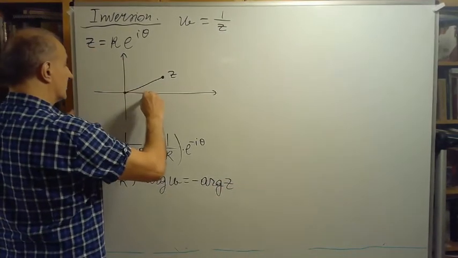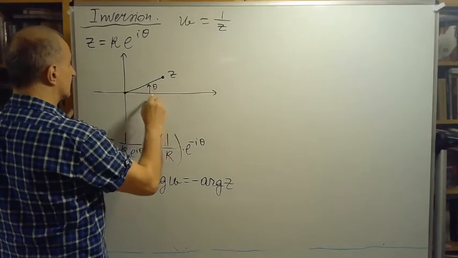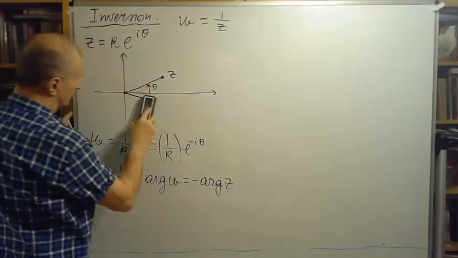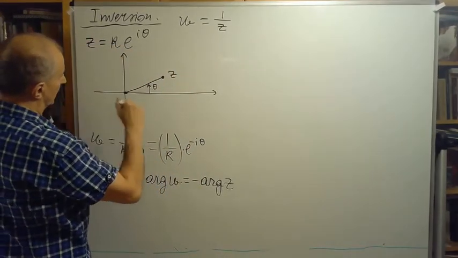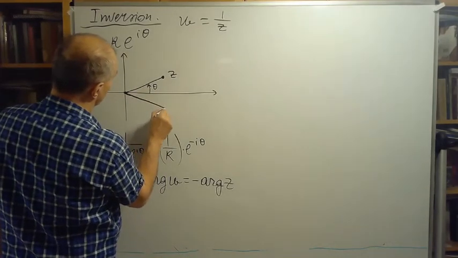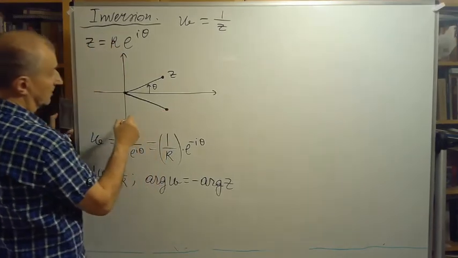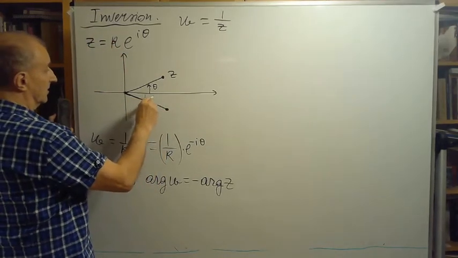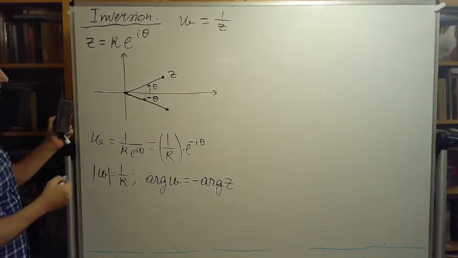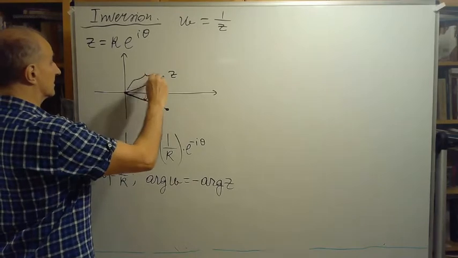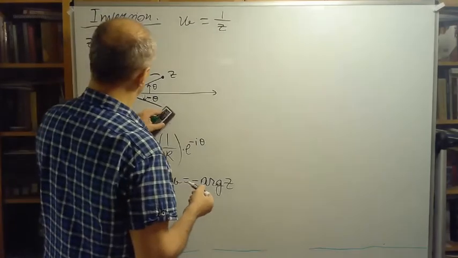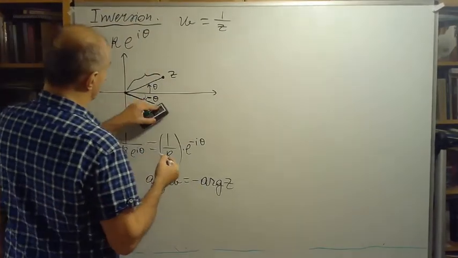So if z is this number, this is angle theta, w will be on the ray making the angle negative theta with the real axis instead of theta, and the distance, I wrote it wrong, yes? The distance will be 1 over r.